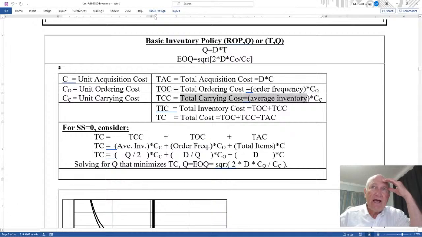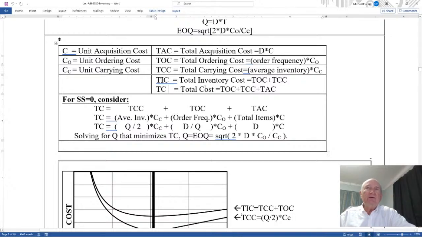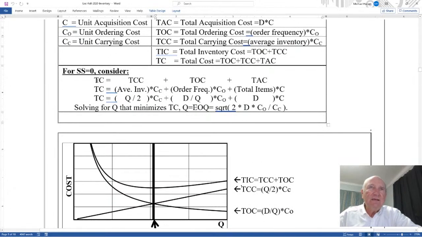Total carrying cost, average inventory times how much it costs to carry that inventory. If you add all three of these, I call that total cost. Well, EOQ simply says, let's get an equation for the total cost, and there's a definition, there's the equation. Find a Q which minimizes the cost.